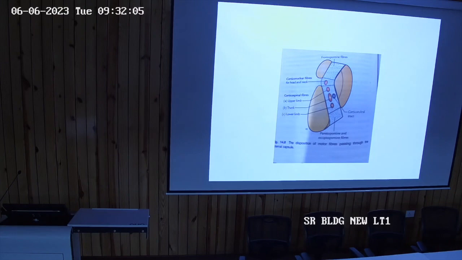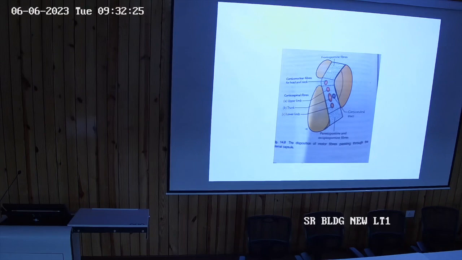Let's see this diagram. What are the positions of these parts? As I told you first, the corticopontine fibers. In corticopontine fibers, as they come from different lobes of the cerebral hemispheres, they are named accordingly.